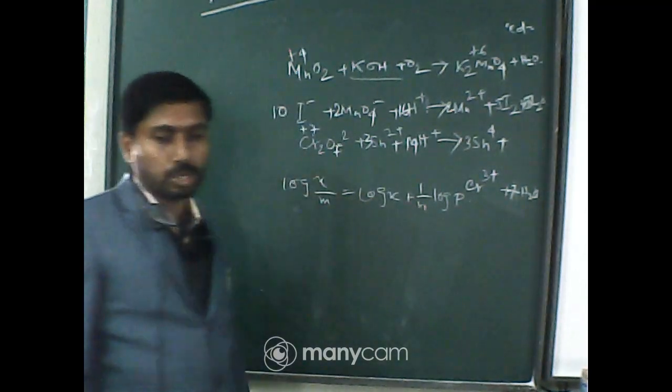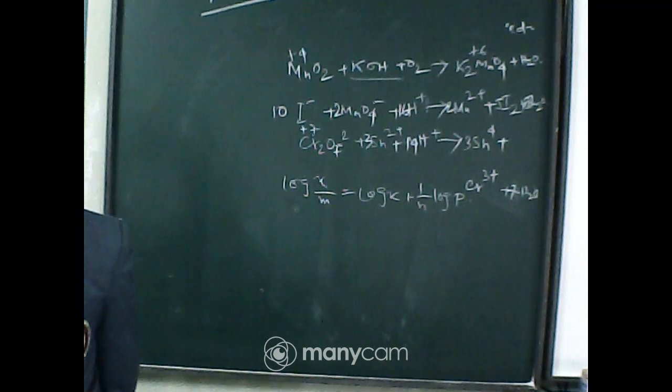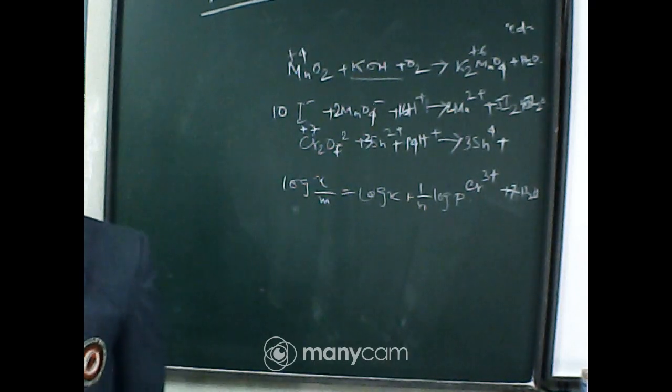This is the Freundlich adsorption isotherm. Here x by m is the extent of adsorption, the amount of gas adsorbed per unit mass of the adsorbent.